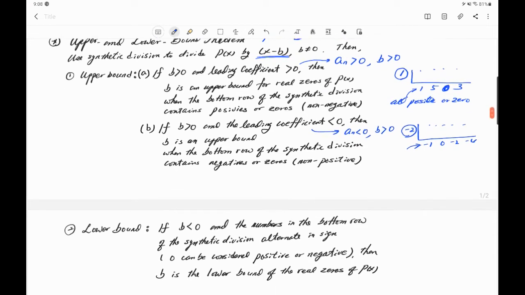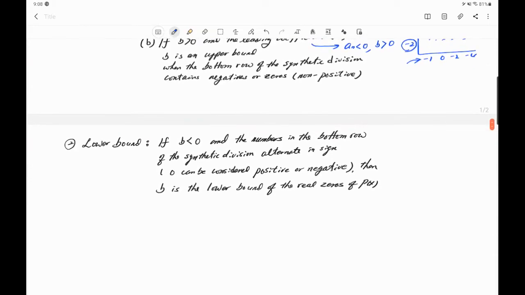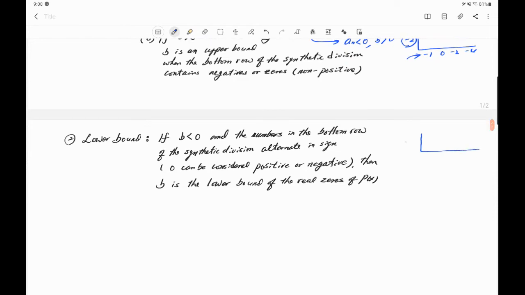All right. And then how about the lower bound? Let's say b is a negative number, so we are dividing the polynomial by a negative number. And the last row is, let's say, 1, negative 2, 0, and then negative 3, something like this. As you see, the sign alternates, right?